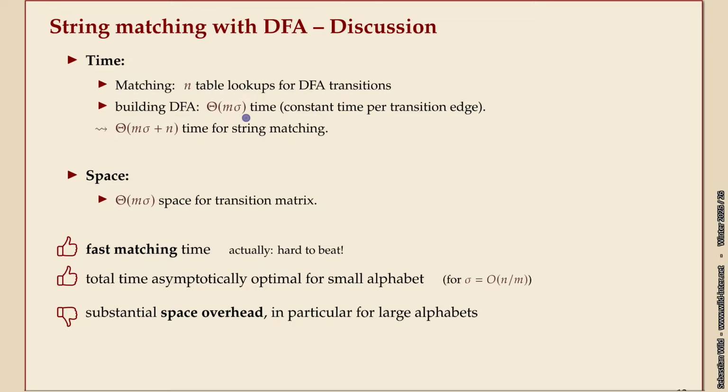Building the automaton with this fancy algorithm takes as much time as it needs to write down the matrix. So that's clearly best possible, because the object you construct has that many edges. So you need that time to write it down. So the total time is this for string matching, which is already fairly good.